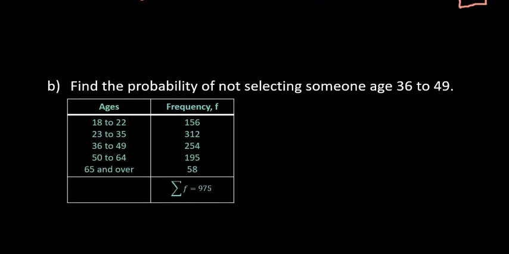Okay. Another situation where you'll sometimes see the complement show up is when they give you a frequency distribution and they tell you what the first one would be, your category or what they're talking about, and then your frequency is how often that occurs. So for this one, we want to find the probability of not selecting someone ages 36 to 49.